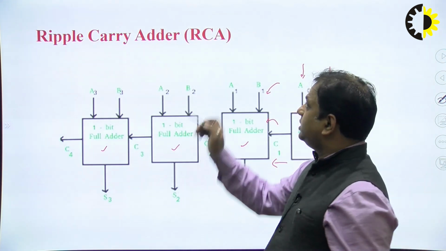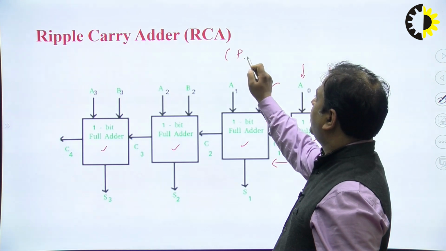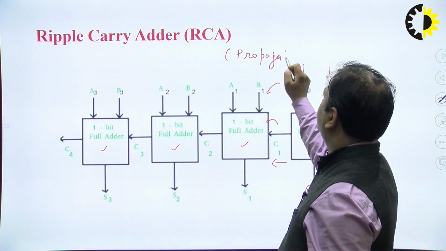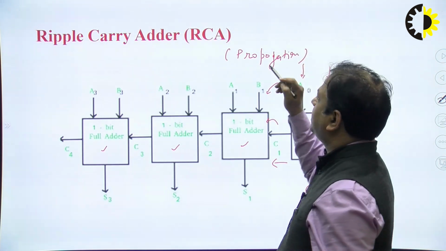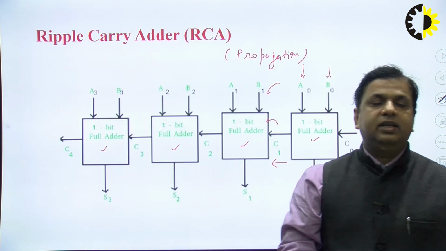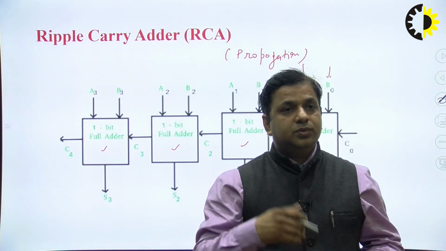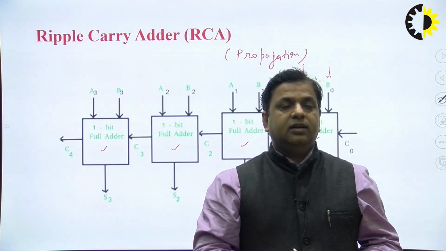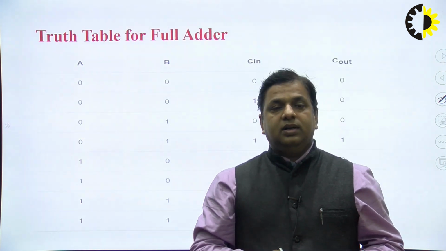This is also known as carry propagation. This is the drawback of the ripple carry adder: it takes time to forward the carry. So just to reduce this time complexity of the addition, we move forward to the carry look ahead adder.